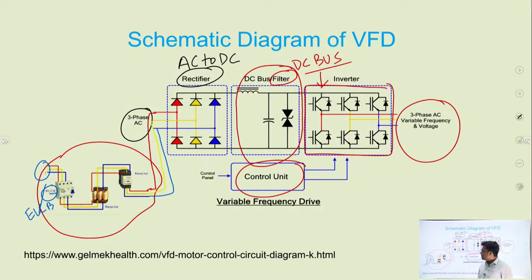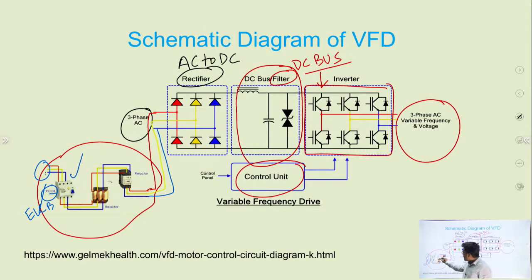The function of both is the same, whether we use ELCB or RCCB: in case of any malfunction or any fault in the circuit, from the source side or the load side, they can directly trip the circuit and protect it. That's why this circuit breaker is necessary.